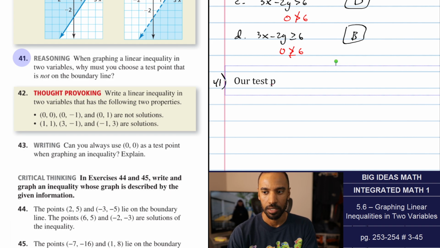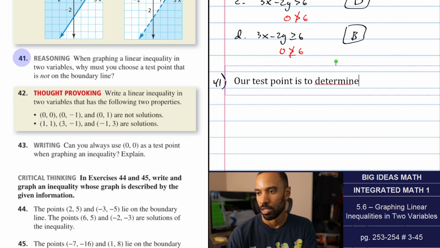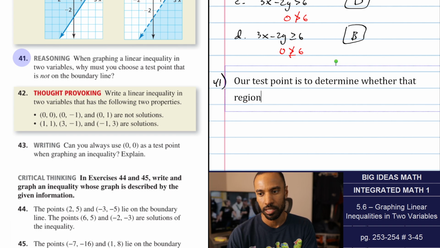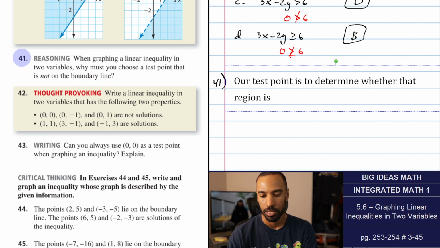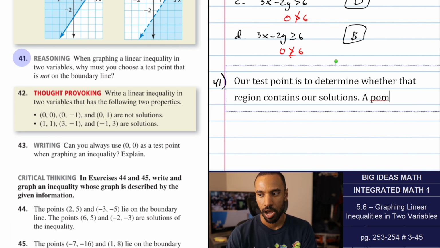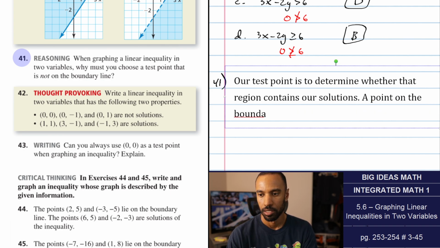Our test point is to determine whether that region, they say half shading or whatever, contains our solutions. A point on the boundary line doesn't dictate this.